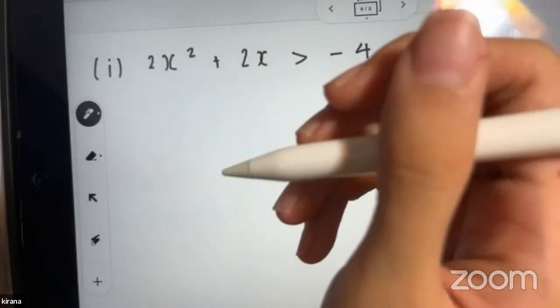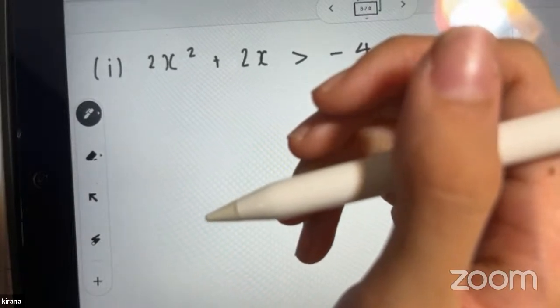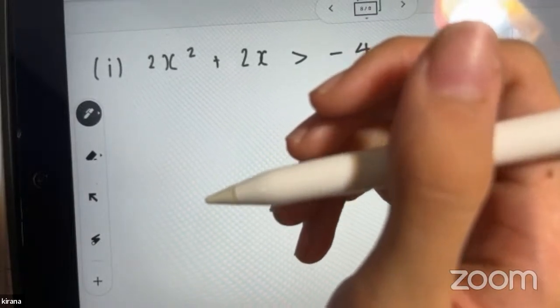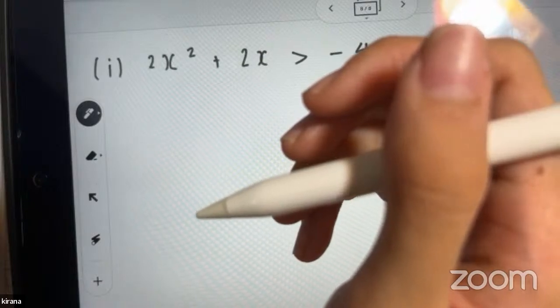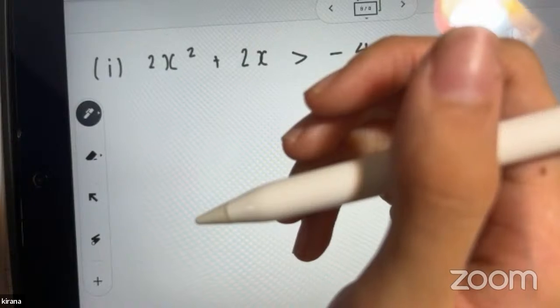If you want to. I'm trying to make the simple thing simple. Yeah, okay. Let me try to explain.